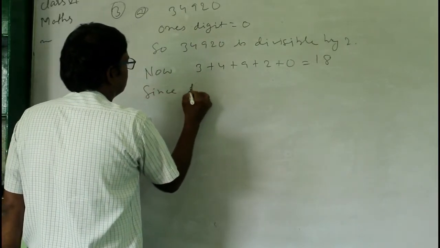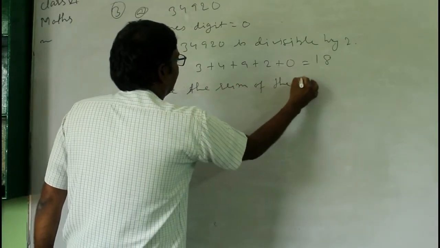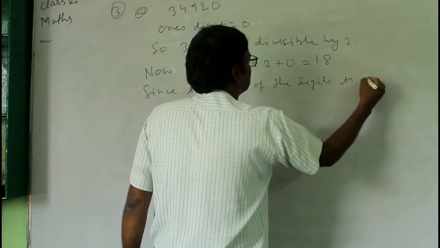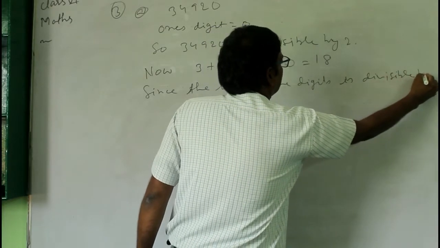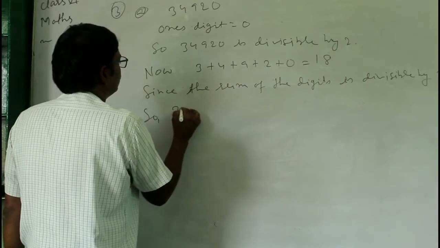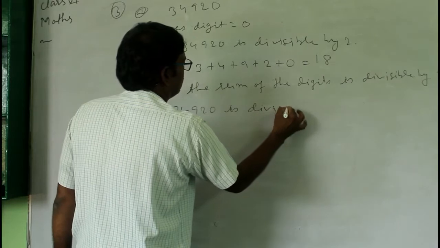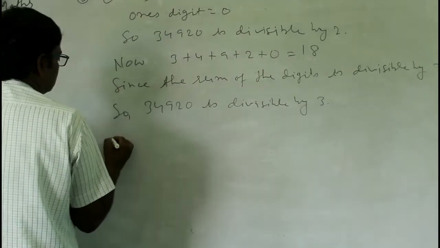So since the sum of digits is divisible by 3, this number is divisible by 3. Can you write?